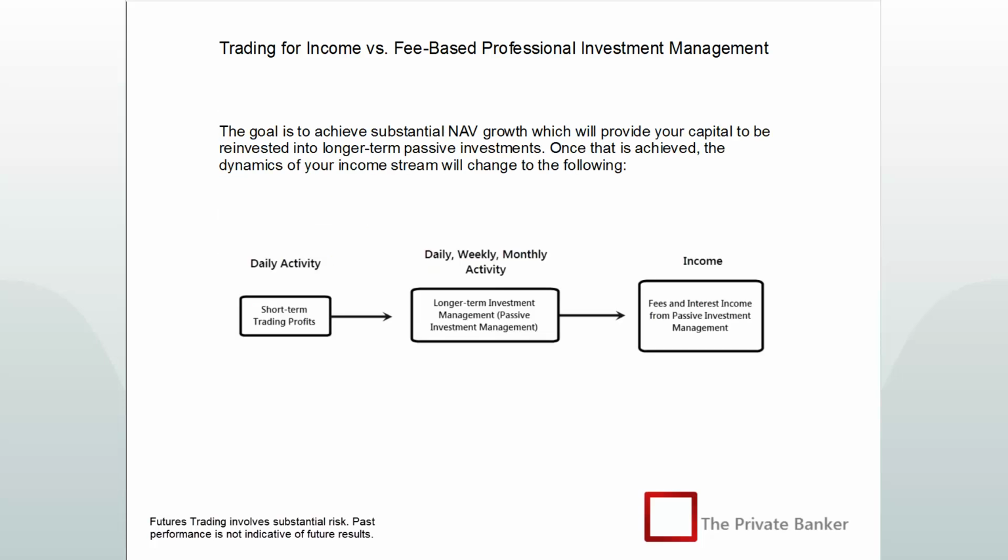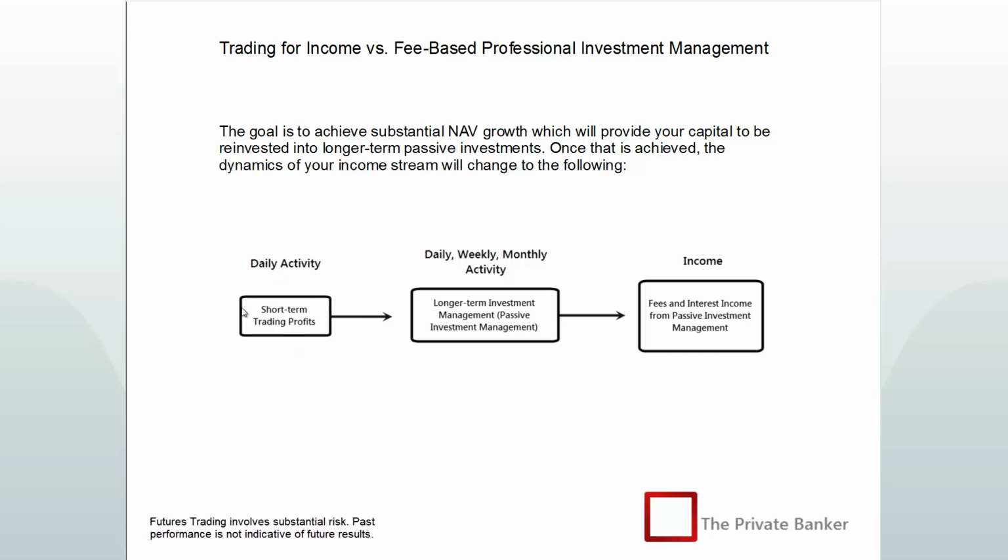And the goal is to achieve substantial NAV growth, which will provide capital to be reinvested in longer-term passive investments, as I've been talking about. Once that's achieved, the dynamics of your income stream will change to the following. So, here's our daily trading.